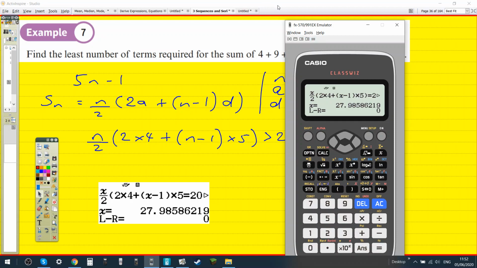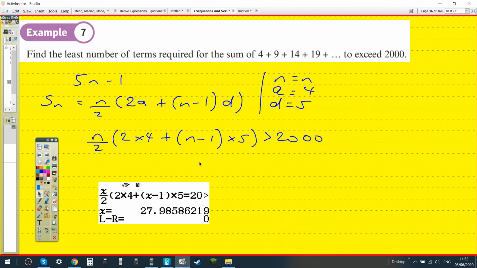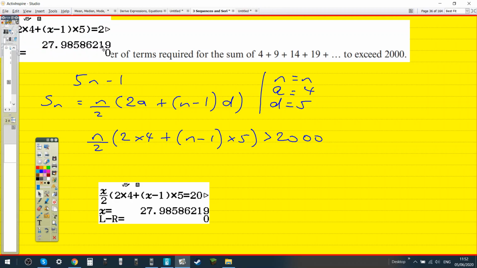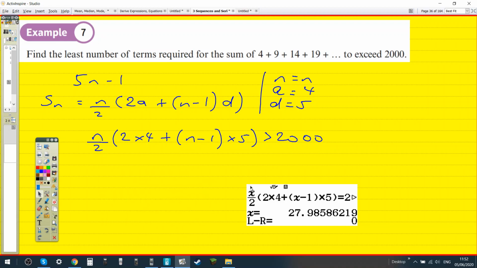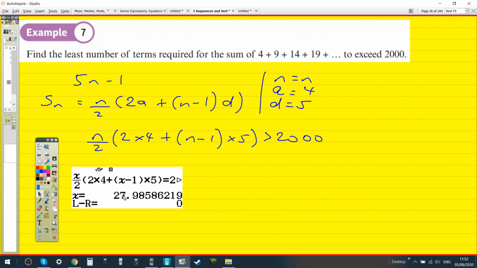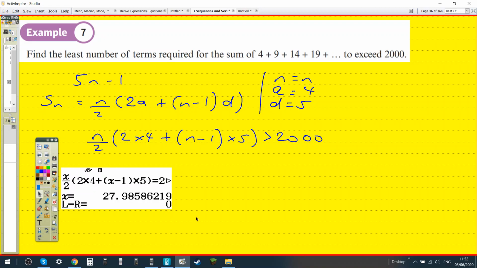Yeah, we have to close the bracket after the times 5. Just check what's different between you and mine. Yeah, I've got the same answer as you.